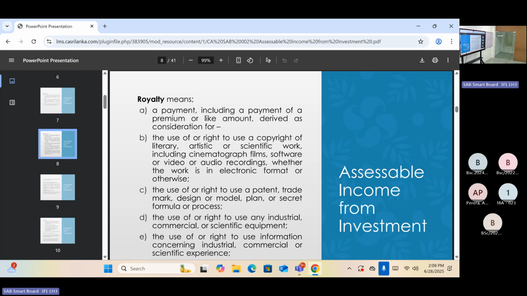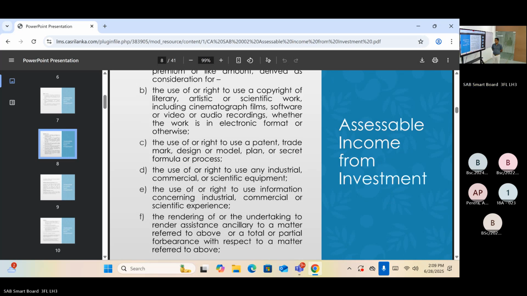Intellectual property, just like patent, copyright. You can see down there: the use of or right to use a patent, trademark, design or model, plan, or secret formula or process. That type of thing comes under royalty. The use of or right to use of industrial, commercial or scientific experience or equipment.